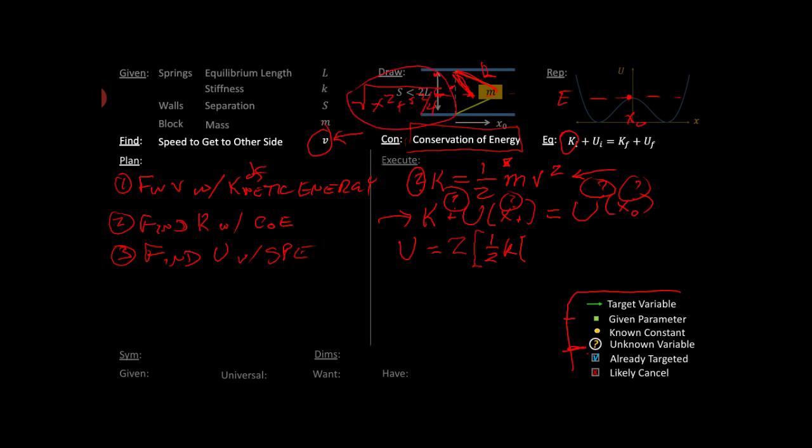So the potential energy is the square root of x squared plus S squared over 4, minus the equilibrium length, all squared. All right, and then we get our bracket here.